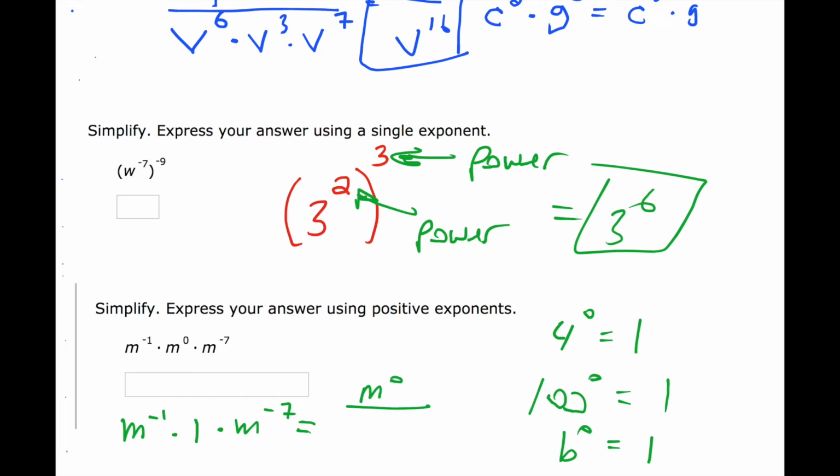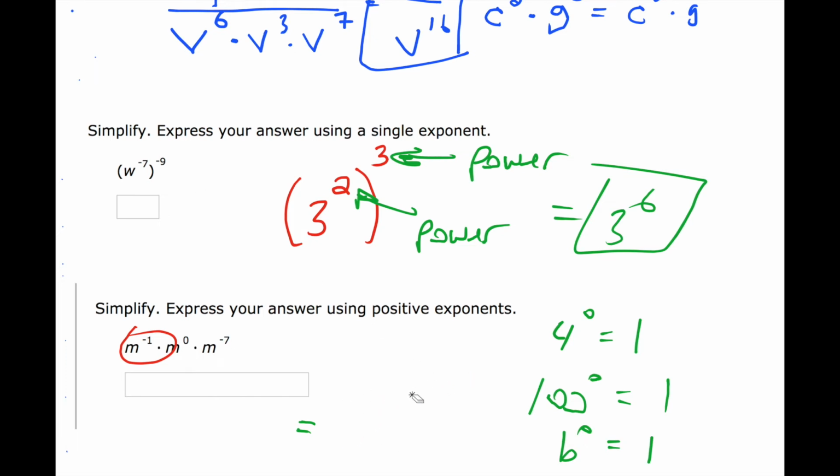M to the 0 on top, and then you have m to the what on the bottom? 7, and what else is on the bottom? Well, what about the m to the negative 1?